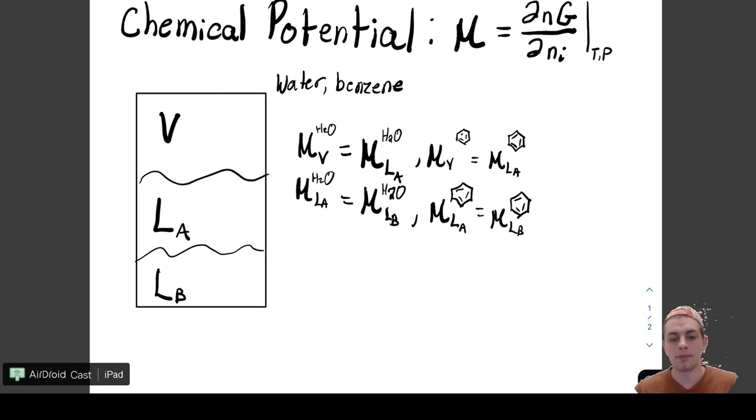Now, if we were to add, let's say, acetic acid into the system, then we would also be writing more chemical potential equations to relate those components.